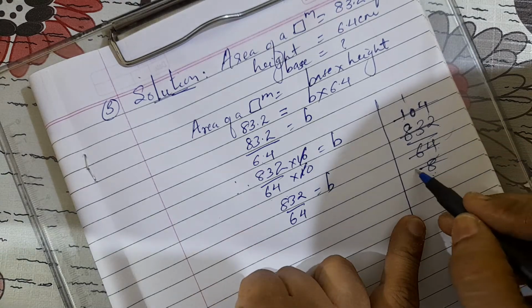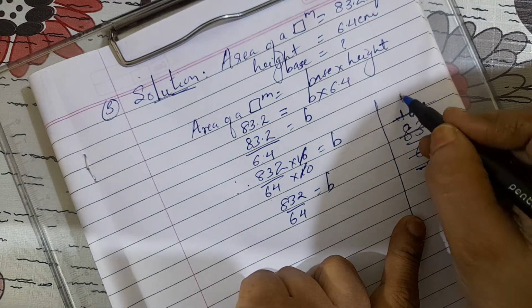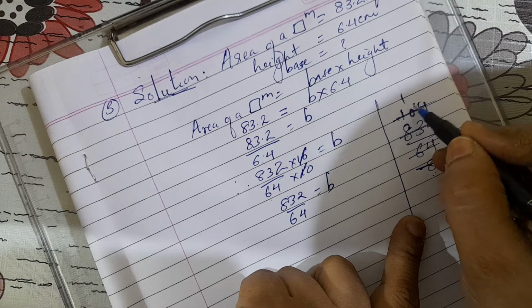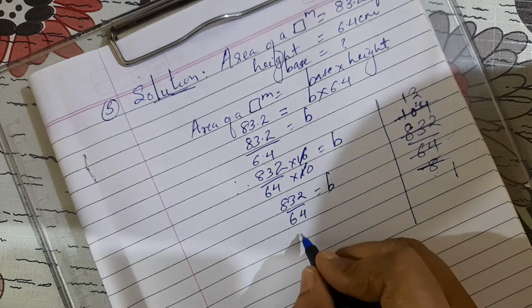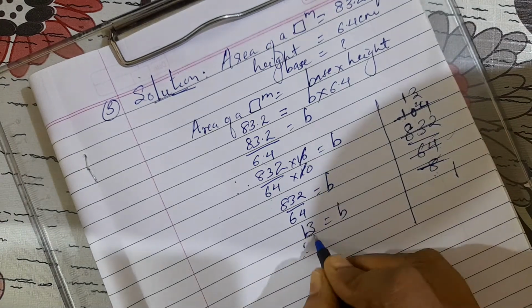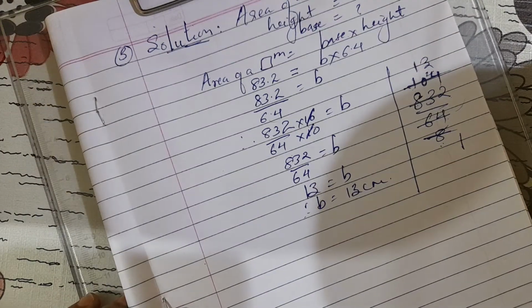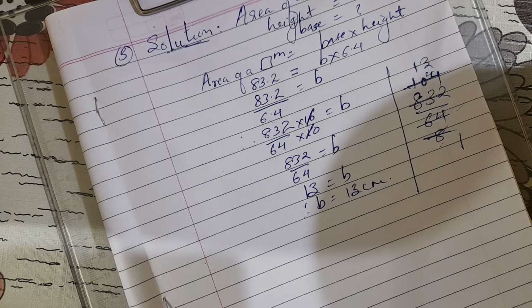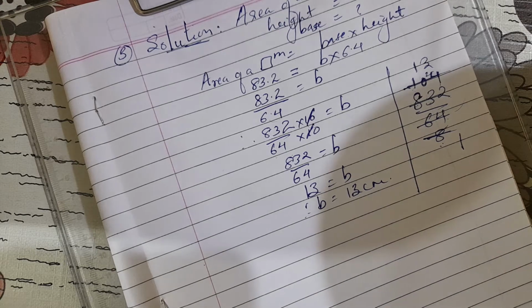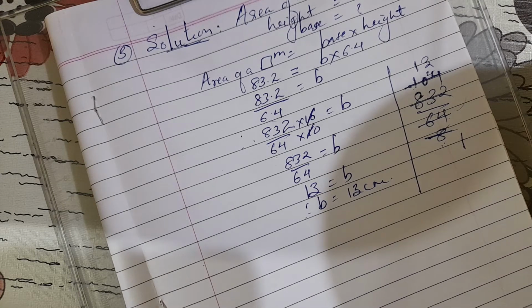Again 8 1s are 8, remaining is 2, 8 3s are 24, so we are getting 13. 13 is equal to b, therefore b is equal to 13 centimeter. So this much is about the third sum, that area of parallelogram, if height is 6.4, find the length of its base.